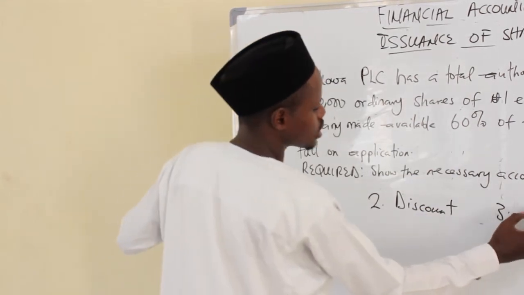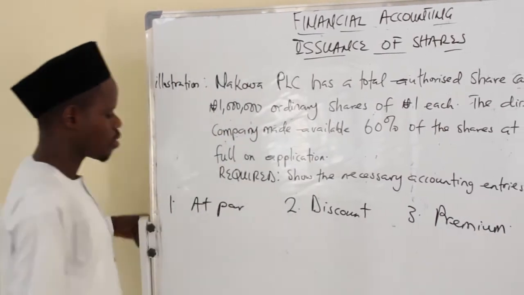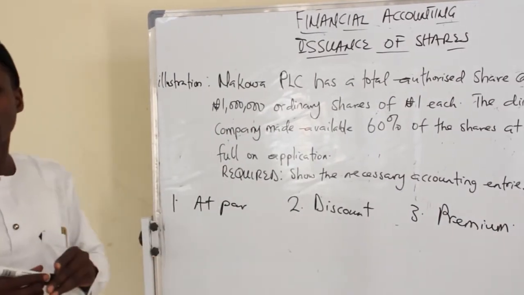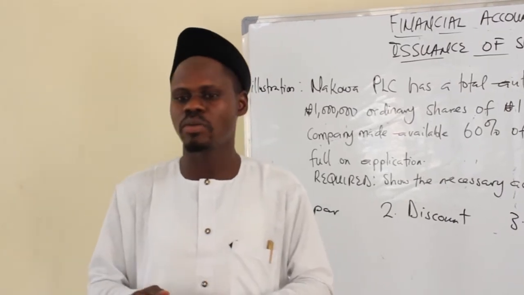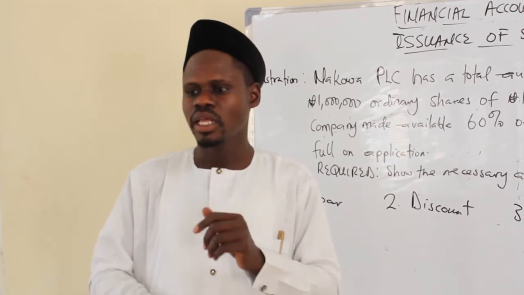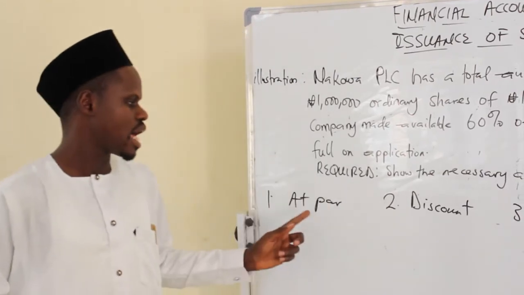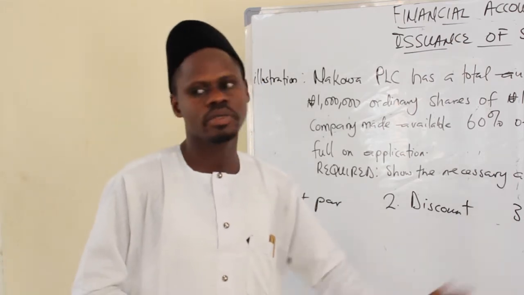Three, they can issue it at premium. So again, the board of directors can decide to invite the members of the public to come and buy the shares of such company. They can either sell the shares at par, or at discount, or at premium.